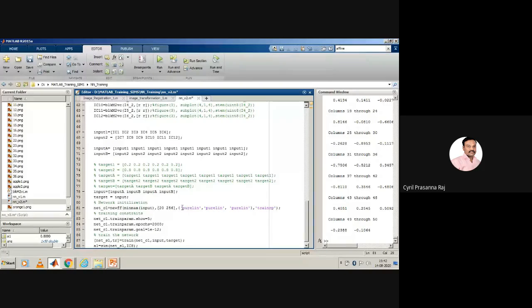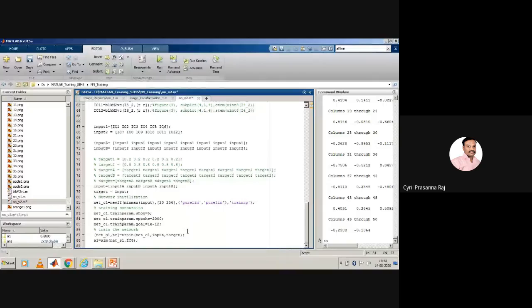Since there are only two layers, I'll remove one of the transfer functions here. Then we will start the training. After training, we'll simulate again to see whether the input is equal to the output.